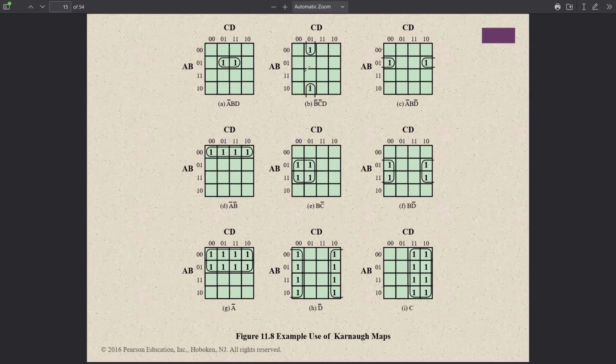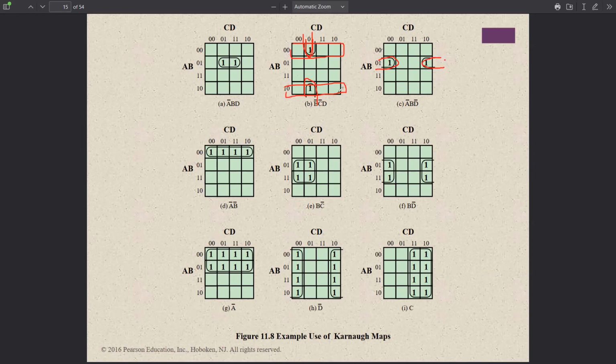The other rule is you can wrap the cells around. That means the top row is actually adjacent to the bottom row as well, right? So you can circle it like this as well. It's nothing wrong. And even the first column is adjacent to the last column, so you can group this one with this one.